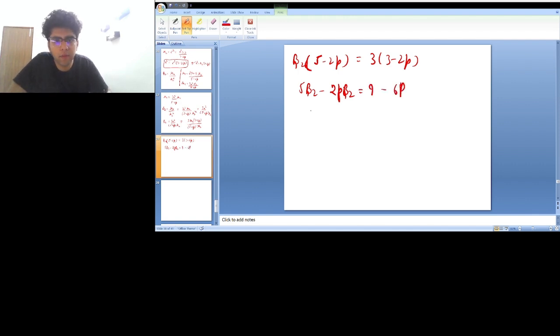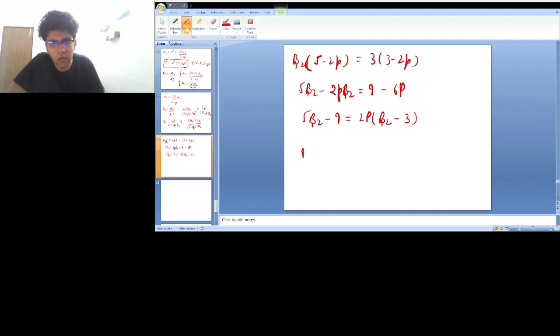So I can take the p terms to one place. So this gives me 5 beta 2 minus 9, and taking 2p common, I'm left with beta 2 minus 3, right?